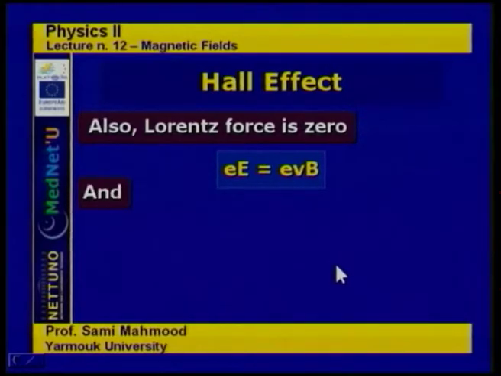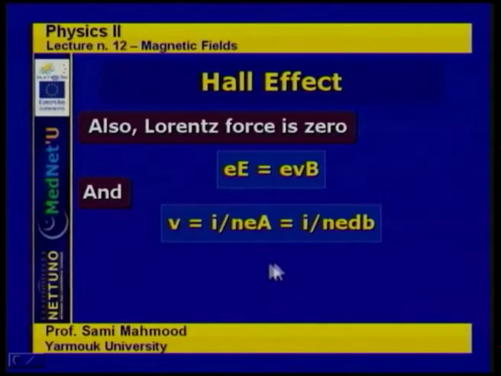And this is also coupled with the relation for the drift velocity as we have derived previously. The drift velocity v is equal to I over the number density of the charge carriers times the charge per carrier times the cross-sectional area. And the cross-sectional area is D times B, the height times the width of the strip.